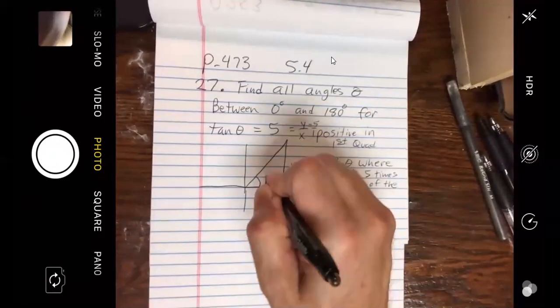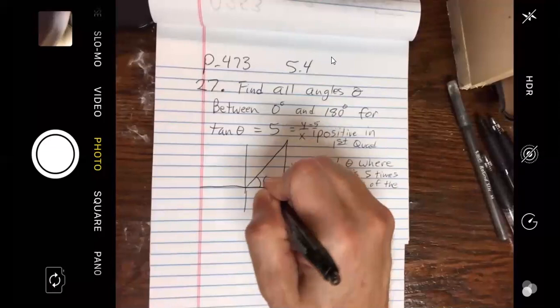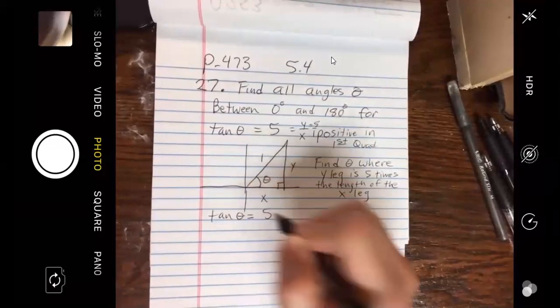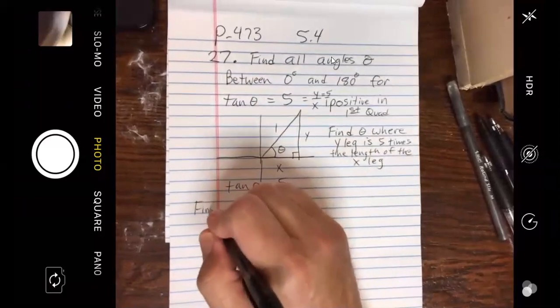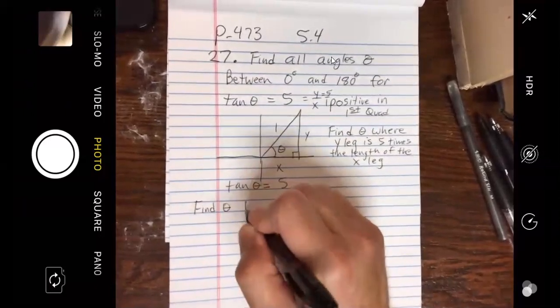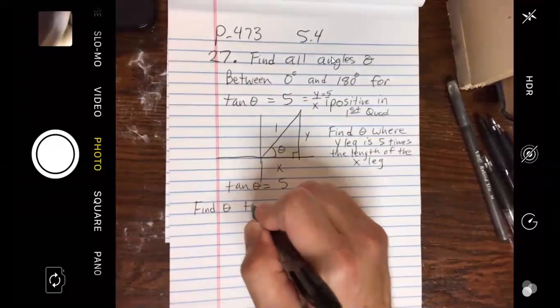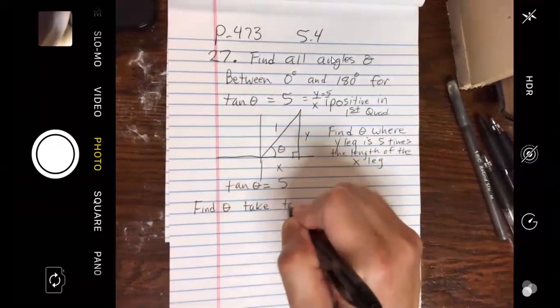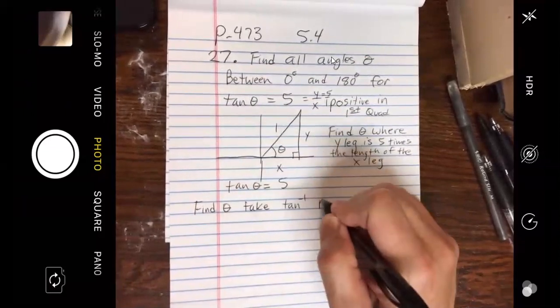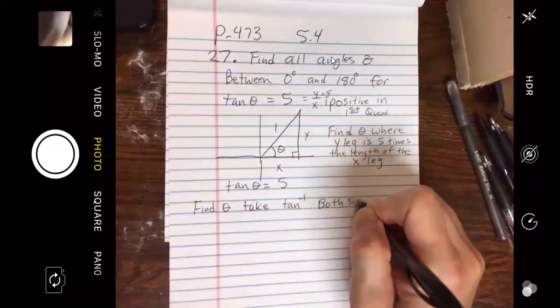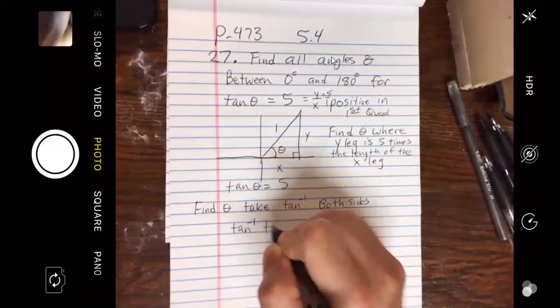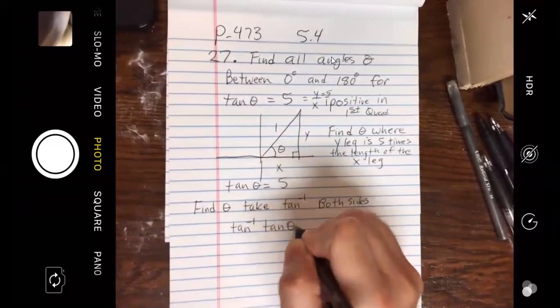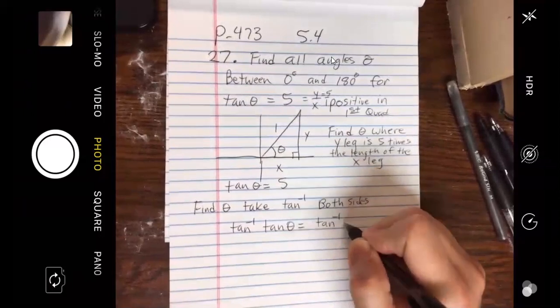Tan theta equals 5. So to find theta, take arctangent both sides, or inverse tangent both sides. So inverse tangent, tan theta, inverse tangent of 5.